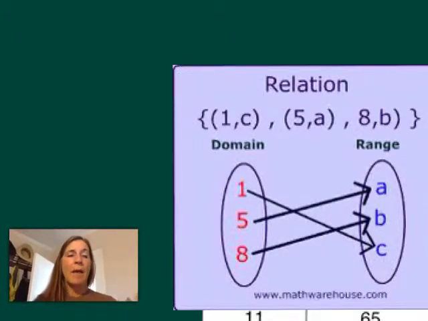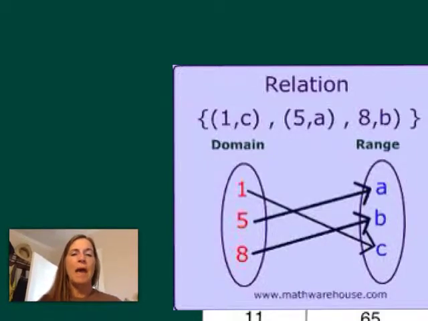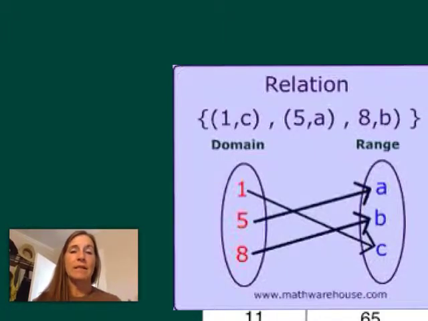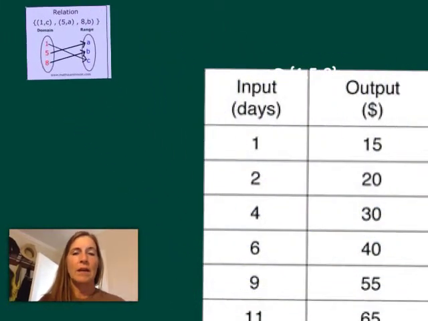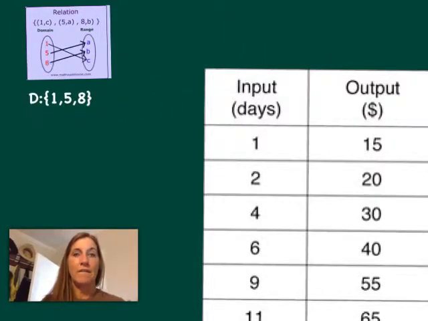On set mapping or ordered pairs, the domain is only the data written, and we write the set of the domain as D colon, and then we use this funky bracket 1, 5, and 8.